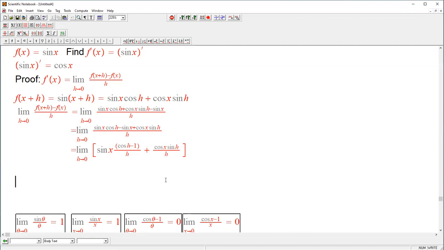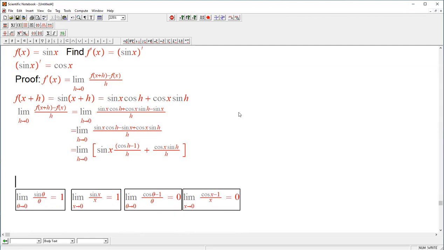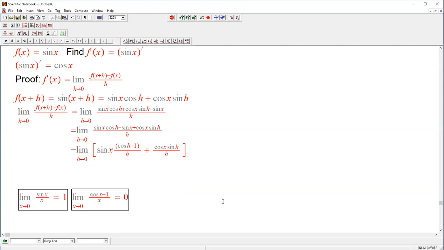Right, now you can see we can apply the limit right here. We can apply this piece on h. Let's just remove these theta things, keep it simple. On this piece, that individual limit exists at 0. On this piece, we're going to separate cosine x and put it like this.